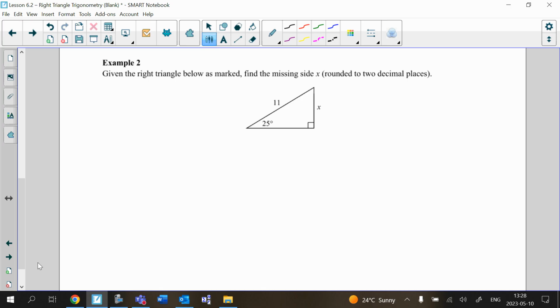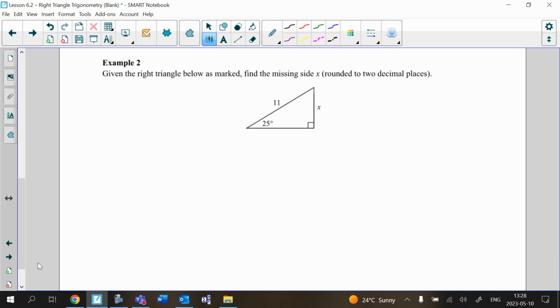So here we're given a triangle, right triangle. Can't use Pythagoras. We can't use sum of the angles is 180. So we're going to have to use trig. But we got to set up our trig equation. And remember, the trig equation always looks like this.